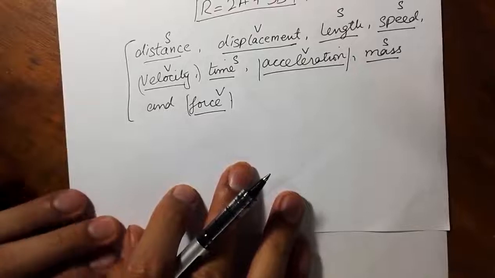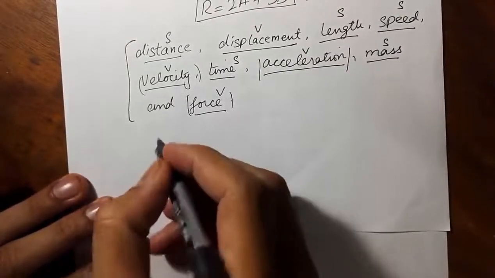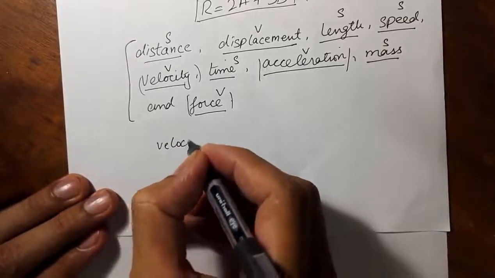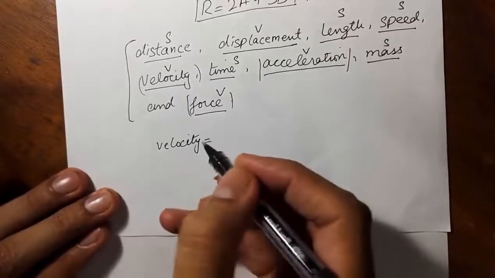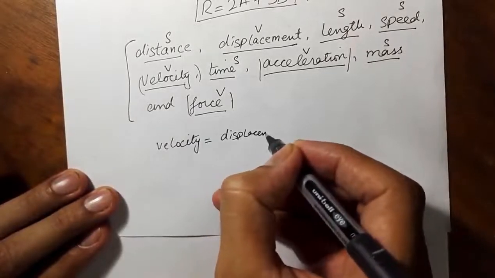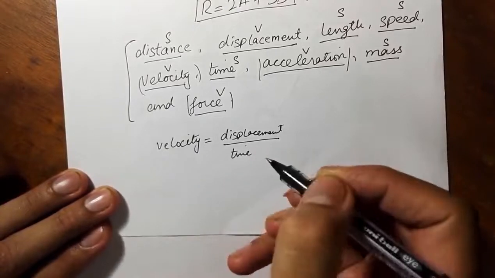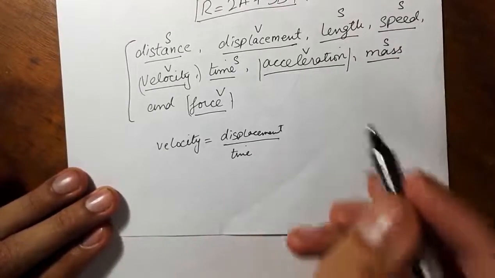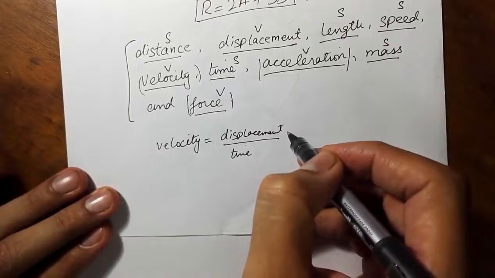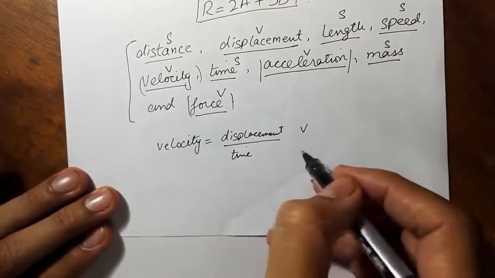Let's suppose I'll write down the formula of velocity first. Velocity is equal to displacement divided by time. So we know that displacement is a vector quantity, and time is a scalar.